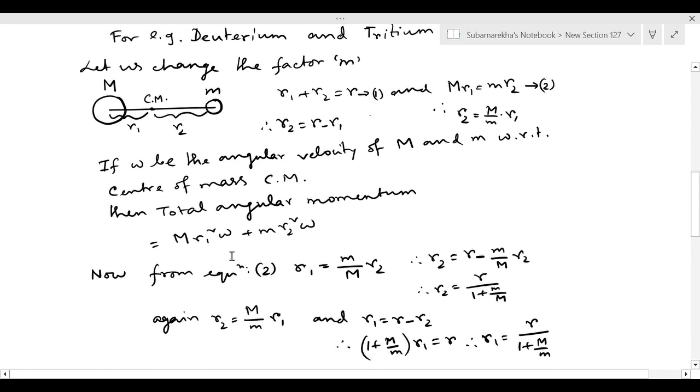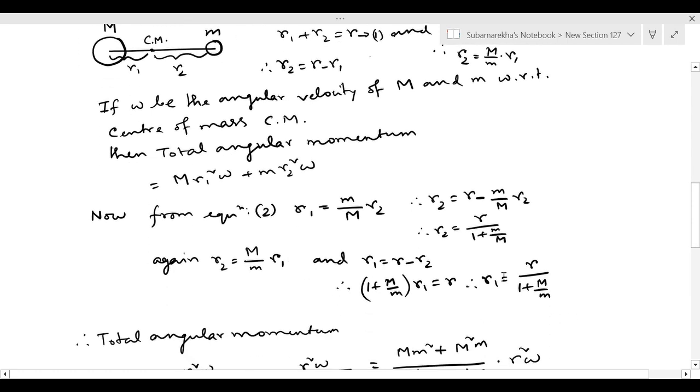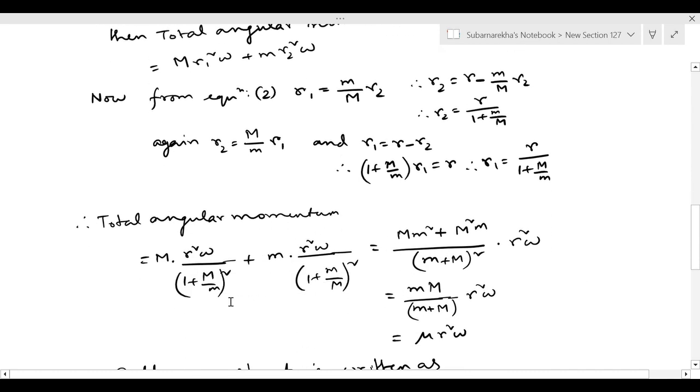Replacing the factors of r1 and r2, finally we get the total angular momentum of the system as capital M into small m by small m plus capital M, into r square omega. Here the factor small m capital M by small m plus capital M is termed as small mu, that is the reduced mass.